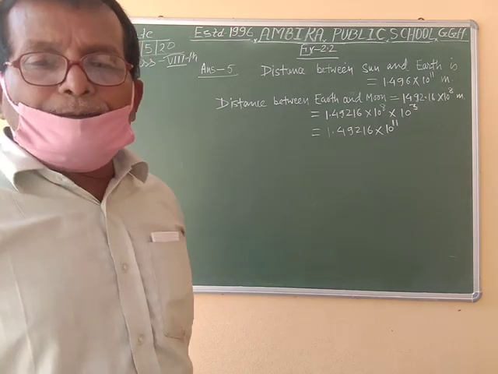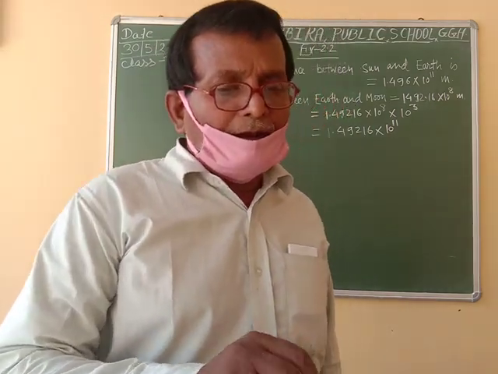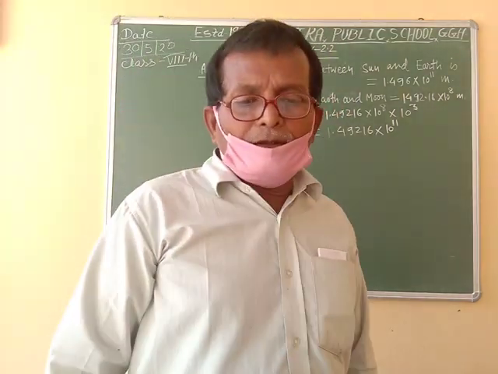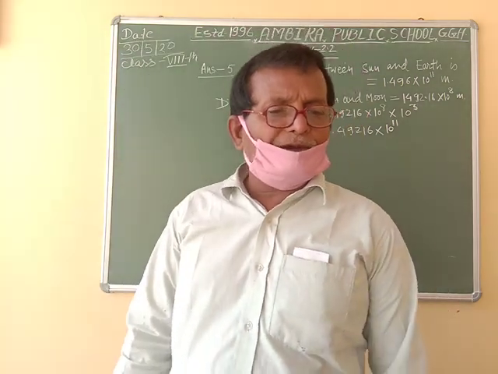Now we have to find the distance between moon and sun, because during solar eclipse moon comes in between earth and sun.